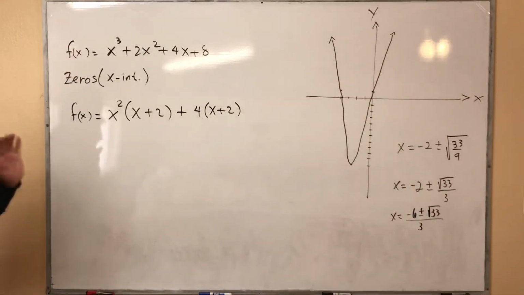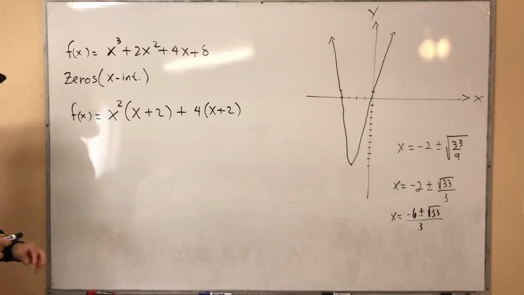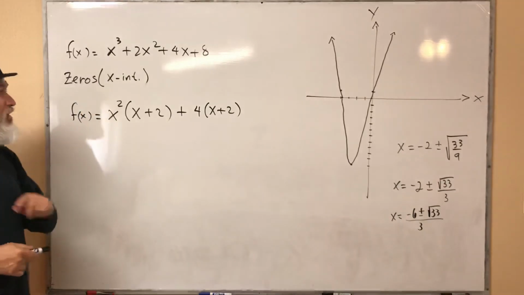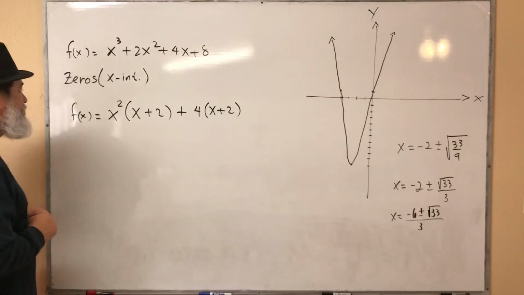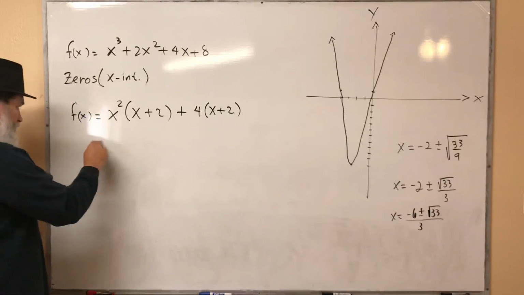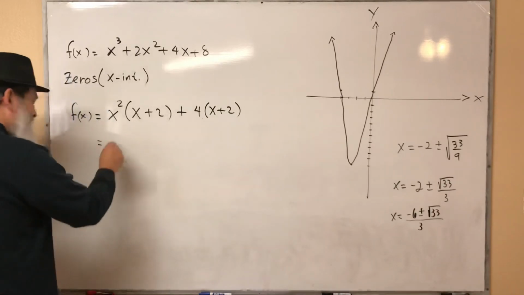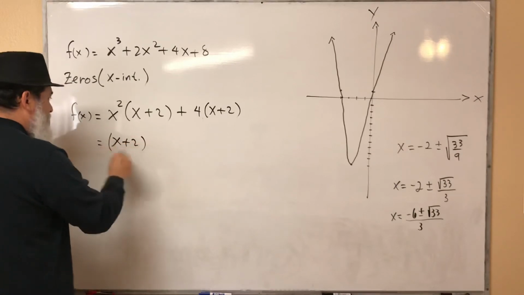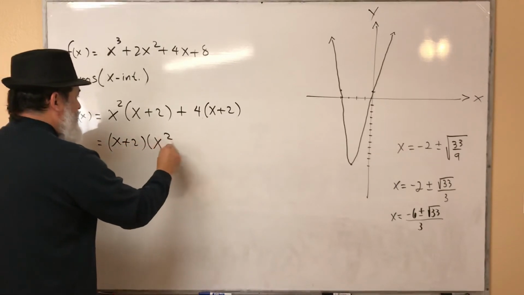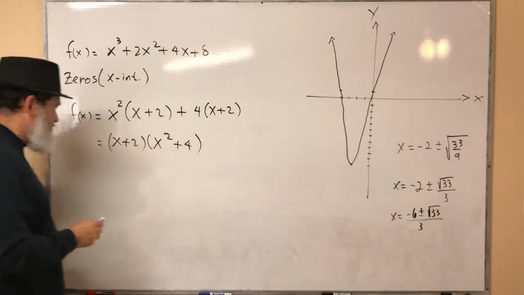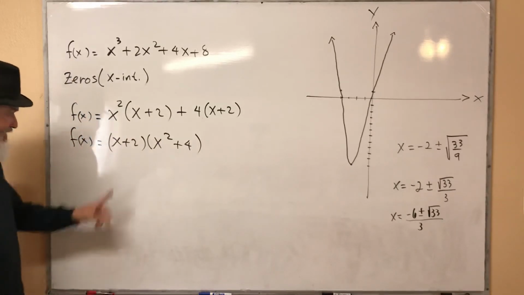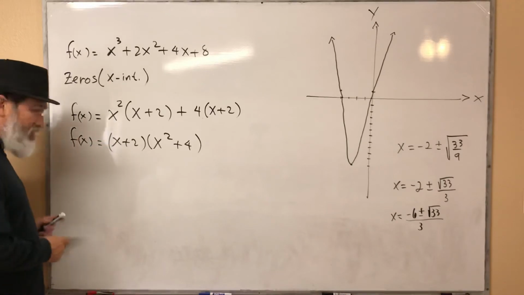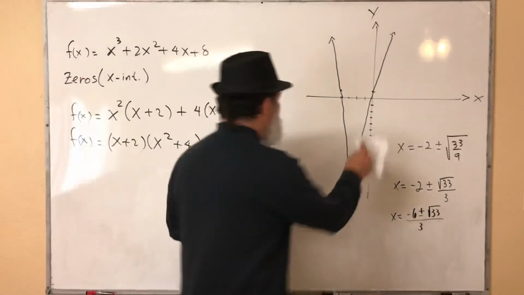You could have done this with P divided by Q. You would have found one right away. So factor what? X plus 2 times x squared plus 4. And that's f of x. I'll tell you right away, if you had done this with P divided by Q, watch this.